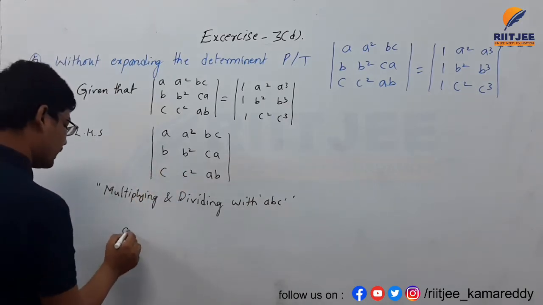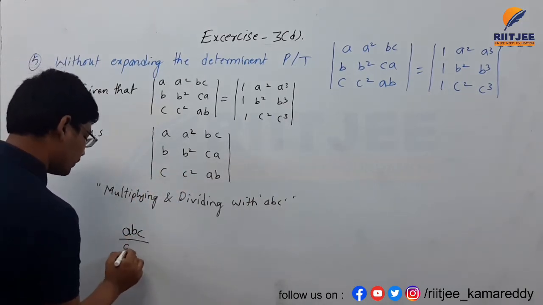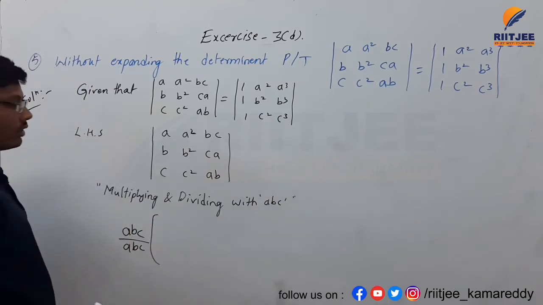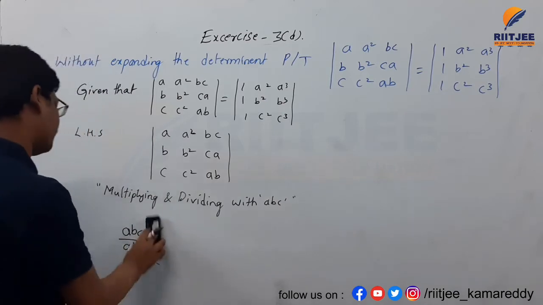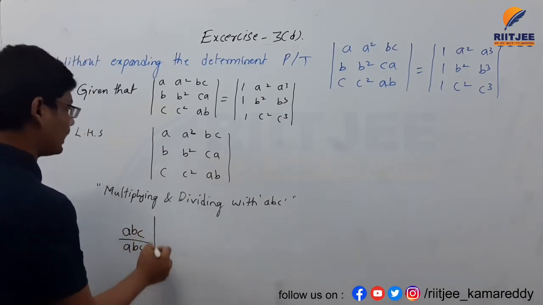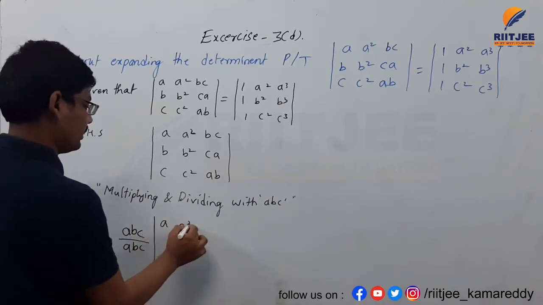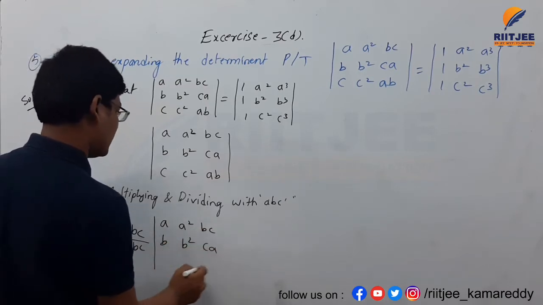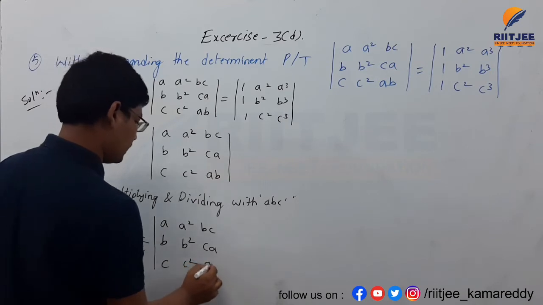So I am multiplying by ABC and dividing by ABC, so ABC will get cancelled. No change in value here. That's why I am multiplying here. So A square BC, B square CA and C square AB.